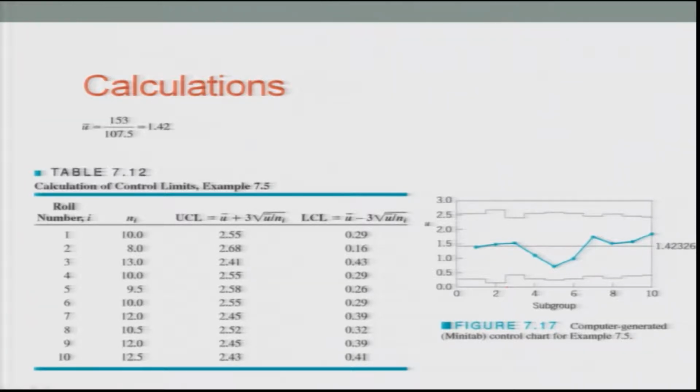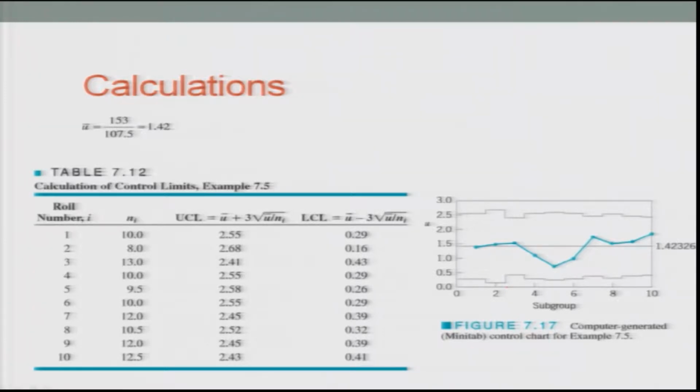Once you find the upper control limit, which is u bar plus 3 multiplied by the term which gives us the standard deviation, the lower limit would again be u bar minus 3 into that term which gives us the standard deviation.